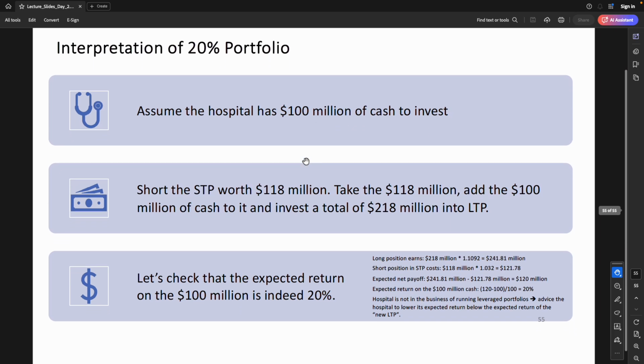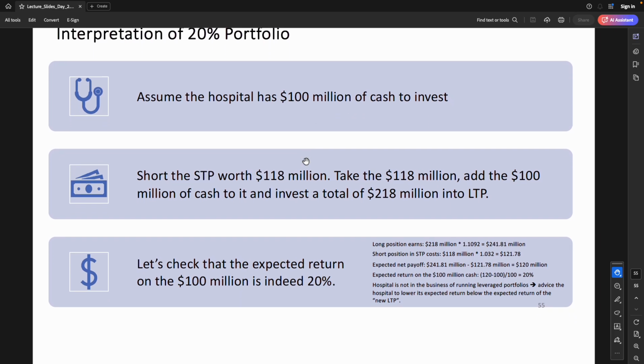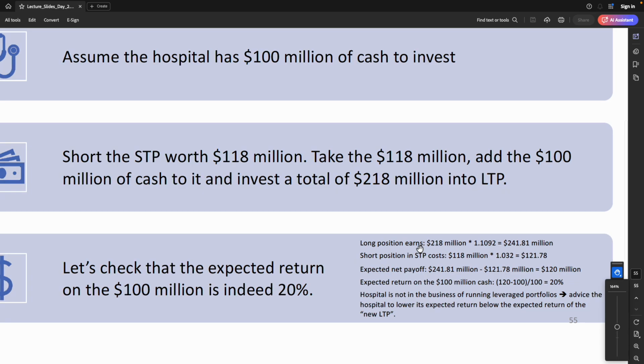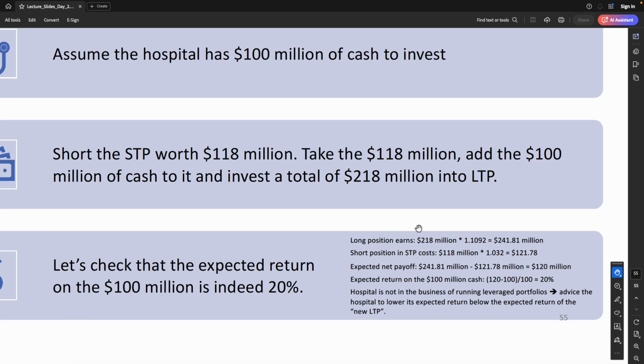Yeah, but here's the interpretation. I gave you the interpretation, and at home you could do it if you want to. Maybe we do it here, it's interesting. Let's just double check that the hospital gets 20%, and it's good for you to see how this shorting comes in. So the 100 million is the equity of the hospital.